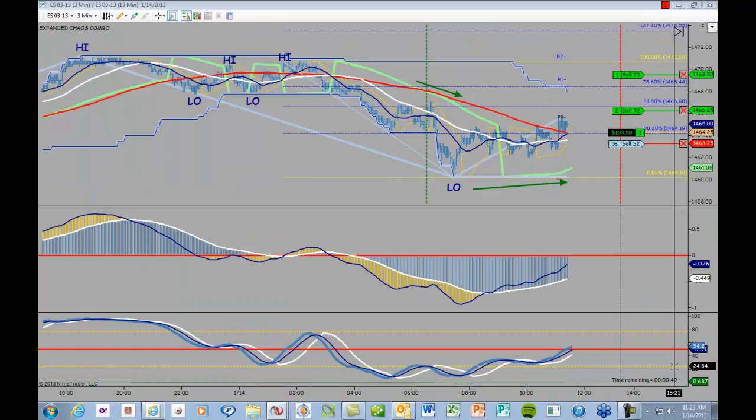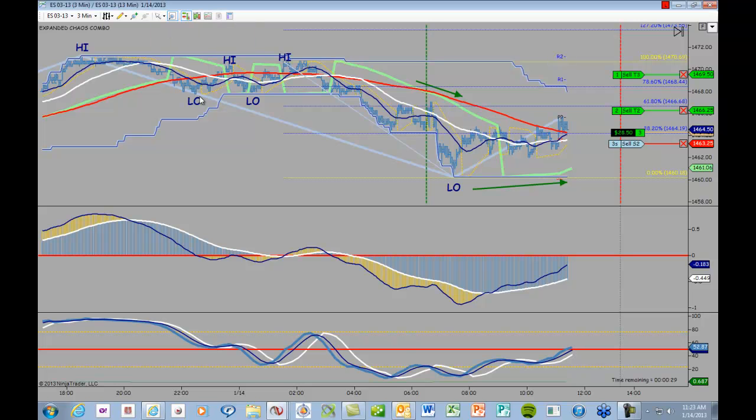Okay, while we're waiting for something else to happen, let's take a look at the bigger picture. This again is my chart template that mimics the layout of the 13-minute turning point chart, and I've scooted it back a ways so we can see some of the turning points that have preceded our day session today.